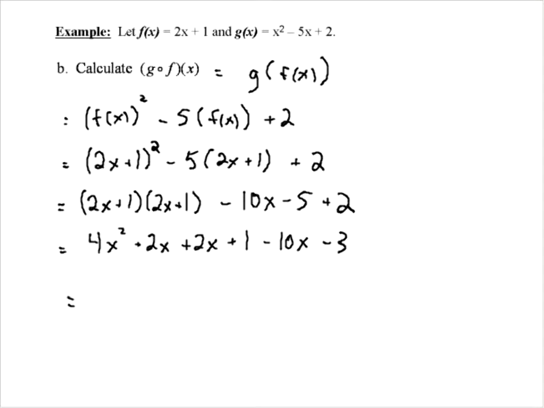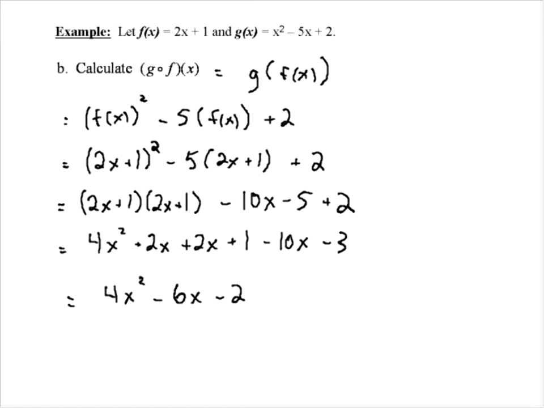And then the last step is combine all the like terms, and we're going to get 4x squared minus 6x, because we have 2x and 2x is 4x minus 10x is minus 6x. And then we have 1 minus 3, which is negative 2. And there is g of f of x.